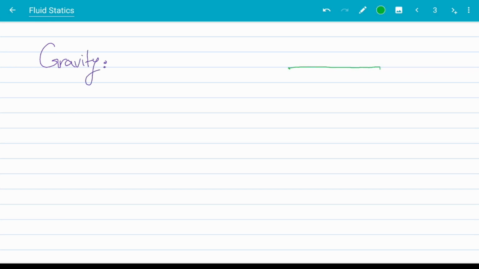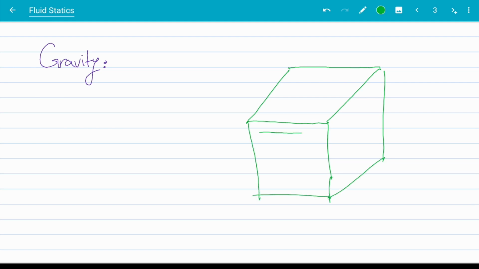So for a fluid element that I'm drawing here, let's assume that this cube is a fluid element. These are the dimensions. Let's say this is dx, this is dy, and this is dz.